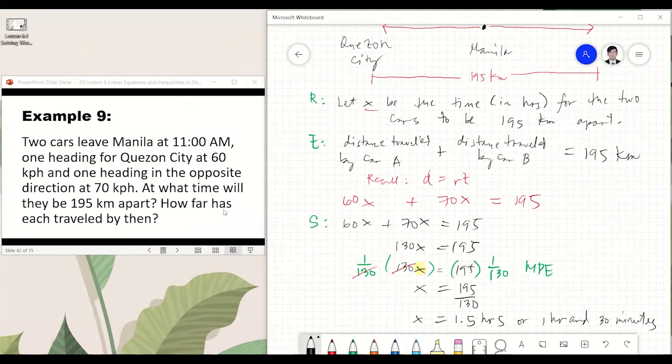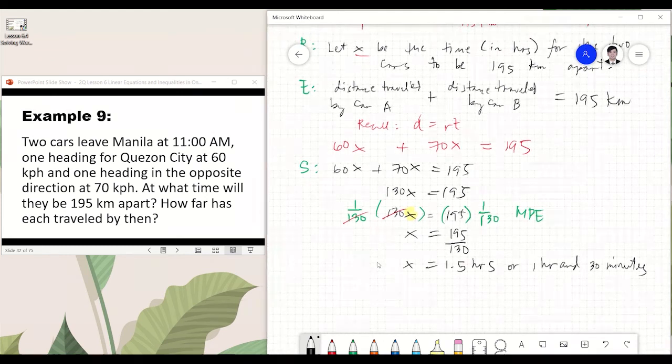Yung second question is, how far has each traveled by then? Okay. So, paano natin makukuha yung sagot sa ating second question? So, I'll put a marking here na ito yung sagot sa first question natin. Yung second question naman natin, gagamitin lang natin yung distance formula.